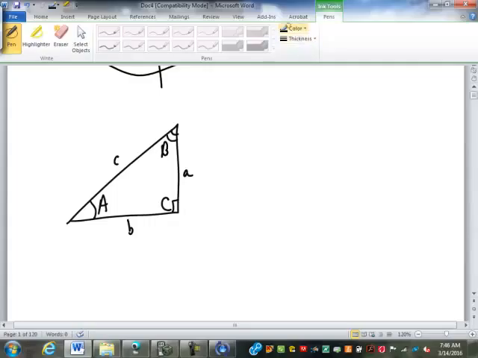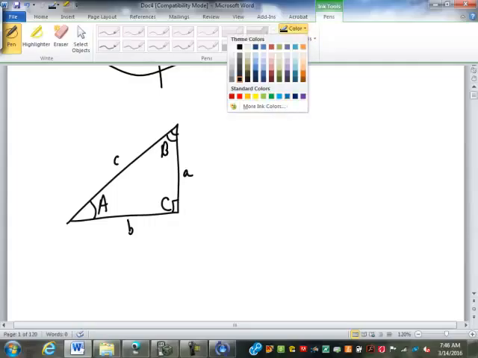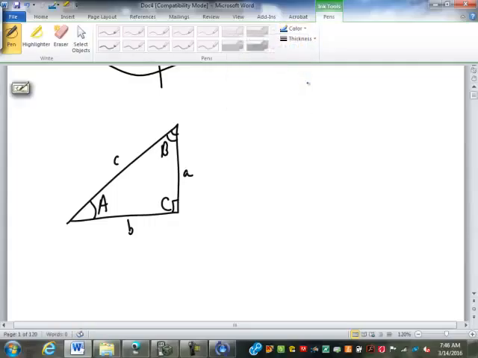They're always labeled by their opposite angle. But because this is a right triangle, we have the right angle here. This side is side C, but it also has a name, which is the hypotenuse. The hypotenuse is the one side of a right triangle that does not depend on which angle we're looking at.